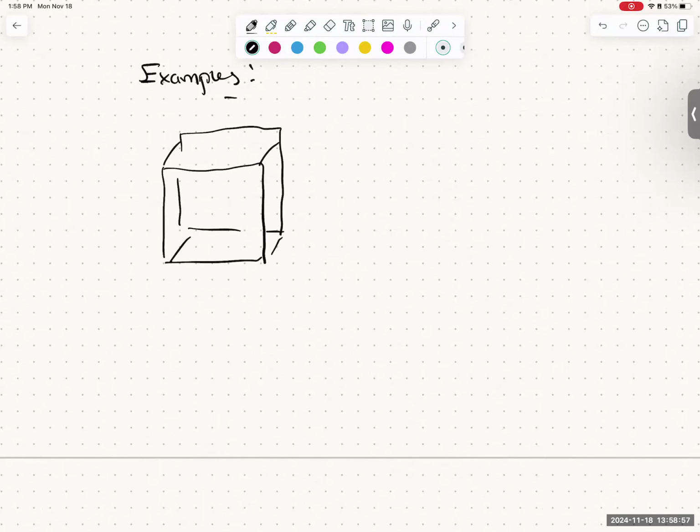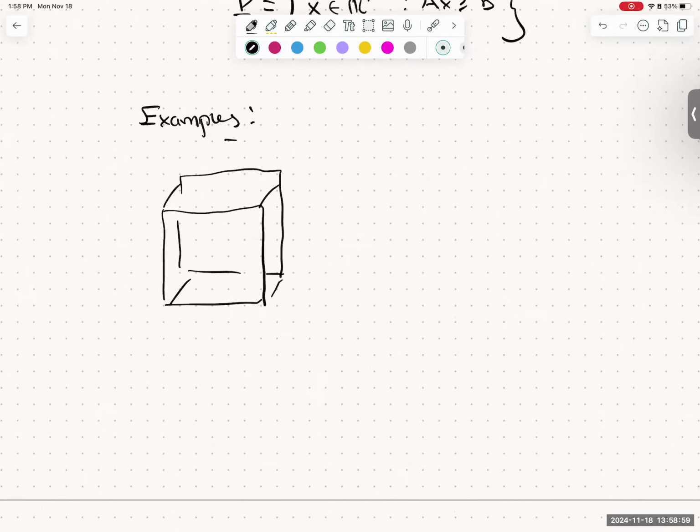Here, we can describe the cube in two different ways. So you have this V definition, which is I basically have these extreme points. I will take this to be my origin. So you have 0, 0, 0, and then 1, 0, 0, 0, 1, 0.